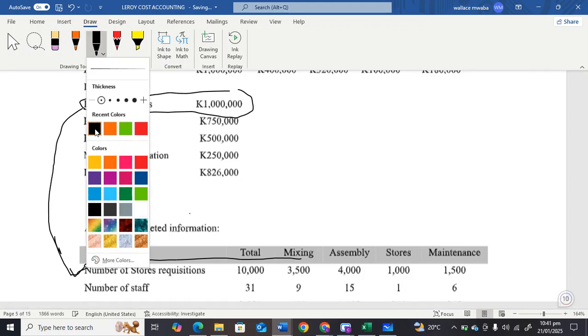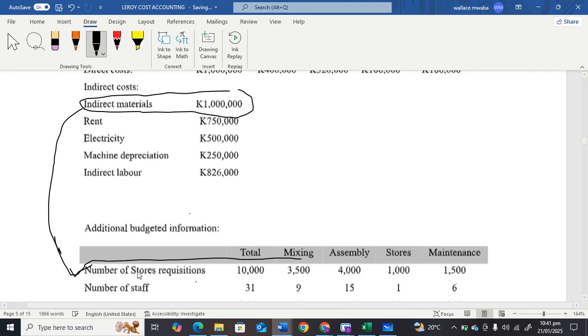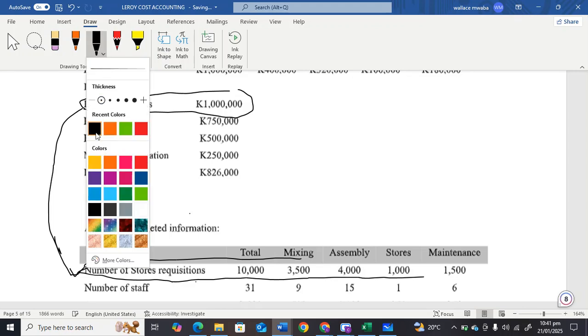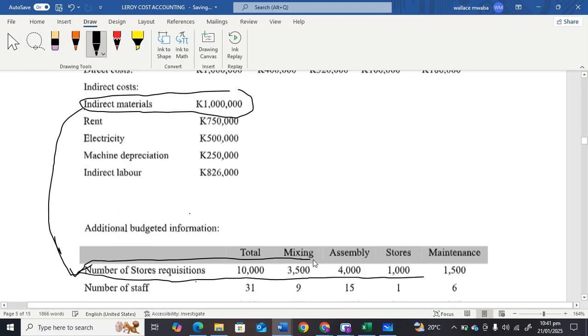Any questions before I proceed? You choose something that's in direct relation to it.